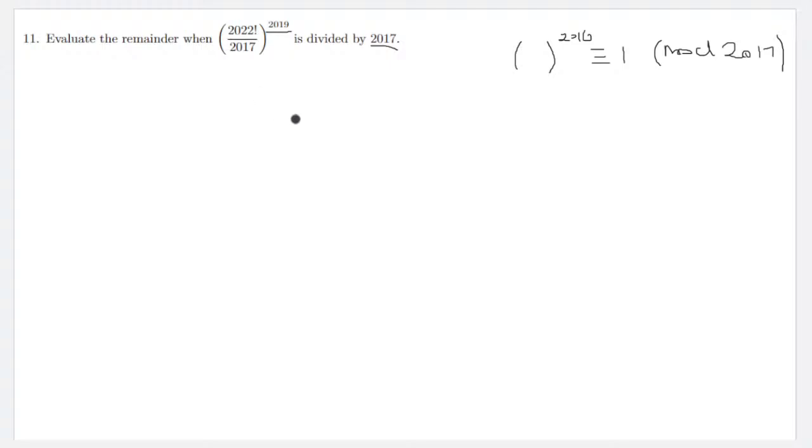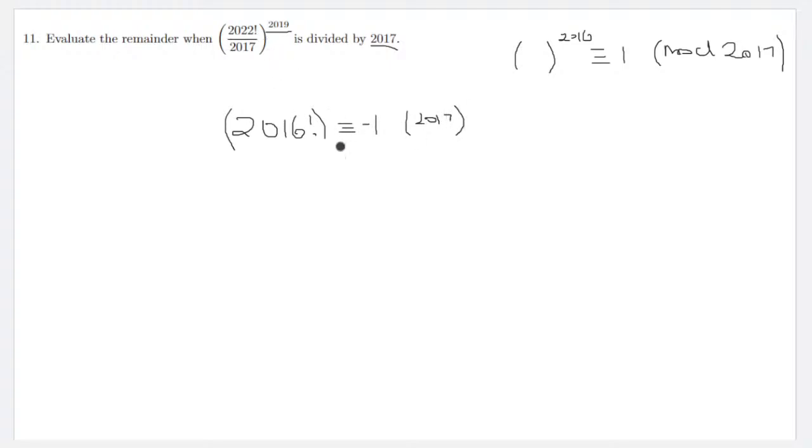So how do we deal with this factorial term? Well, it turns out there's another theorem called Wilson's theorem. Wilson's theorem says that 2016 factorial, when modded by 2017, is -1. Once again, because 2017 is prime.